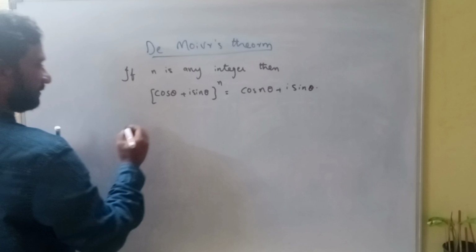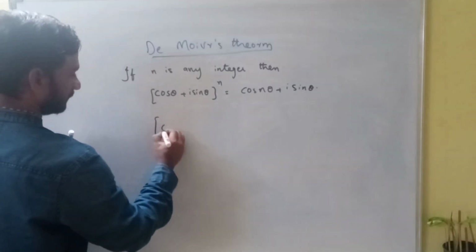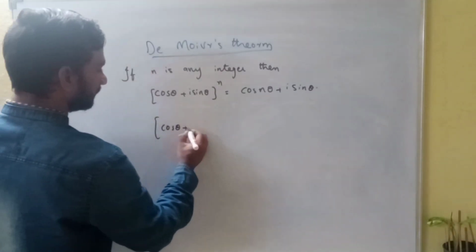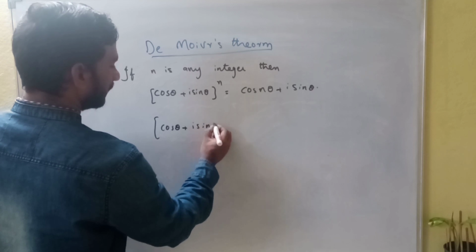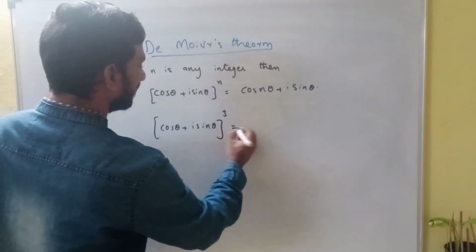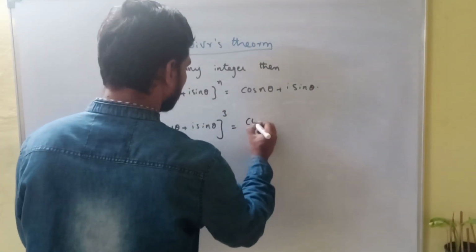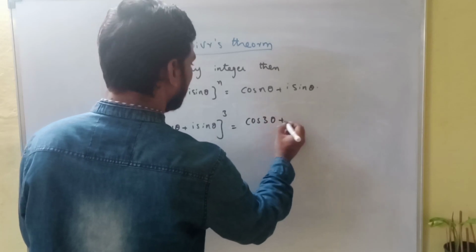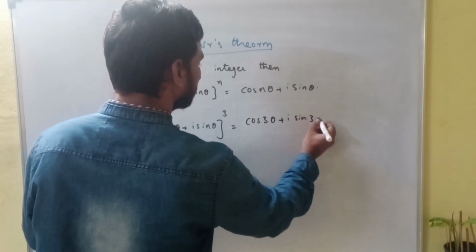Let's take one example. Cos theta plus i sin theta whole power 3 is equal to cos 3 theta plus i sin 3 theta.